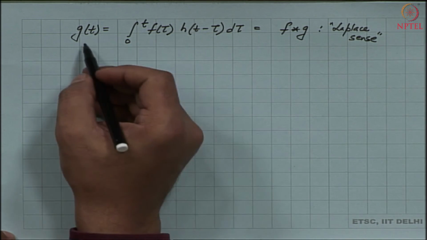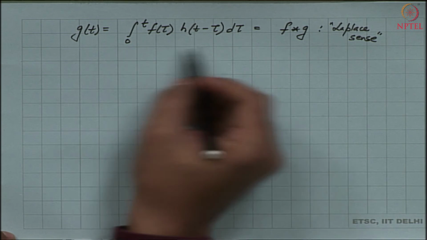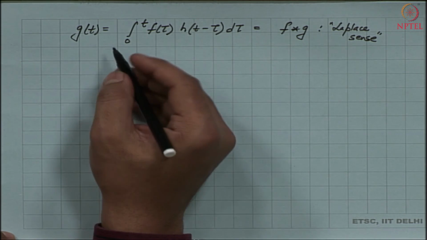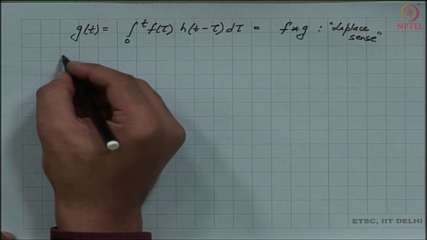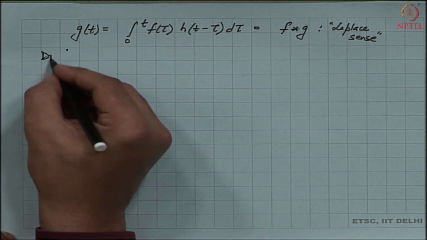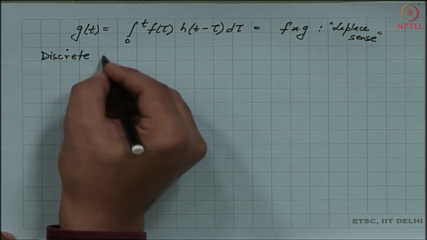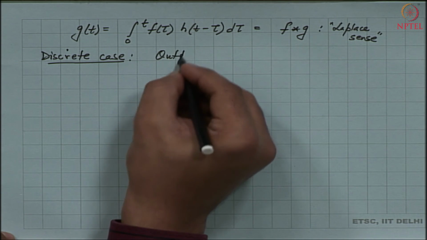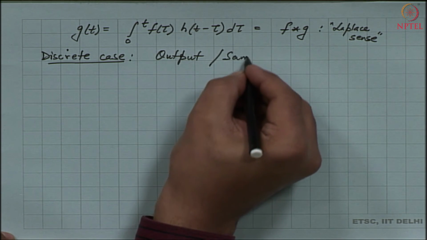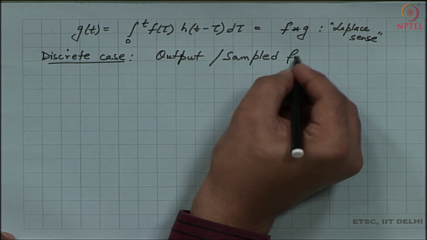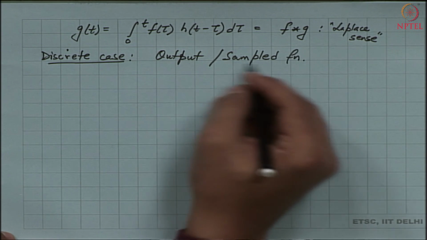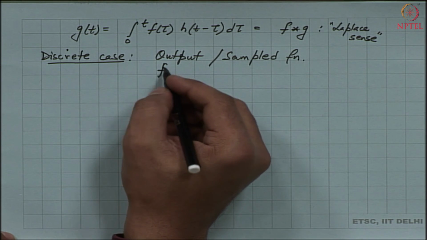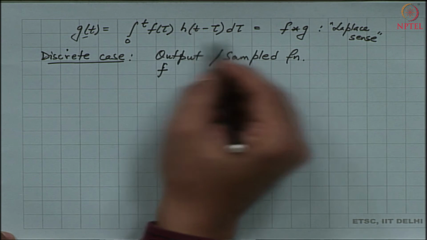If I were to write this output, this integral form, in the discrete notation, in the discrete case, my output or my sampled function, let me call it f star of t to distinguish it from g of t, because that is the continuous case.